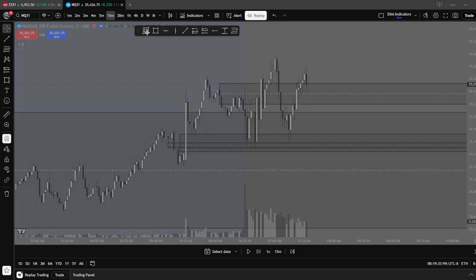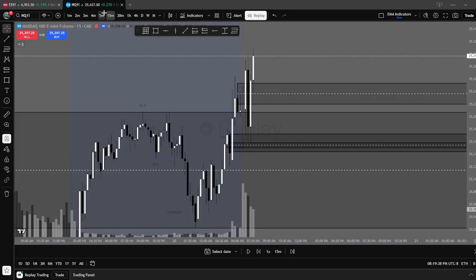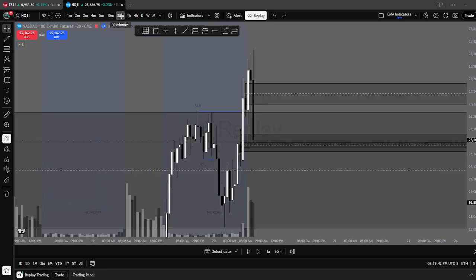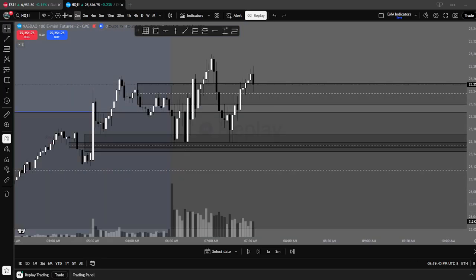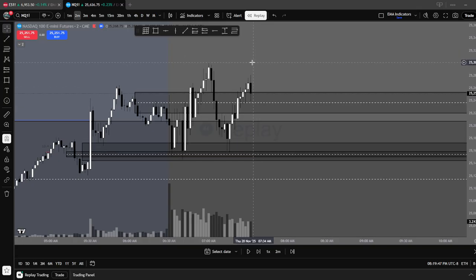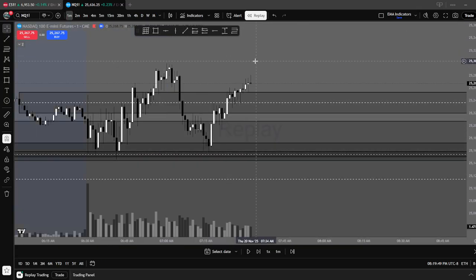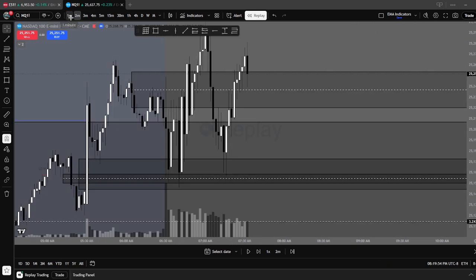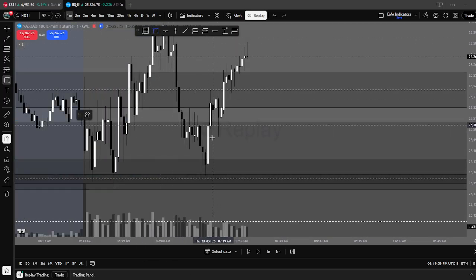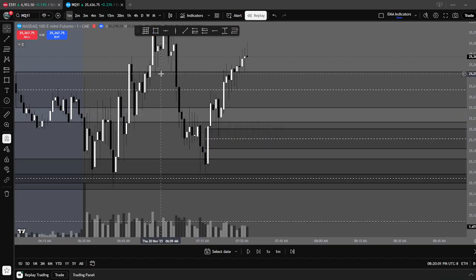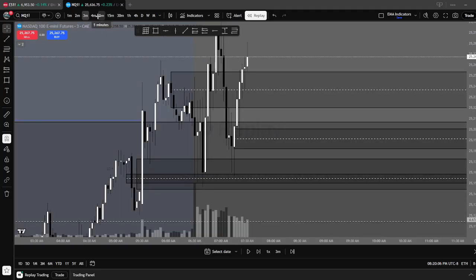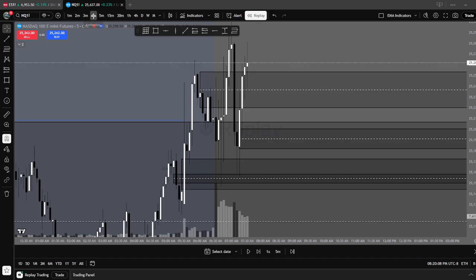So does it move into a 15? No, it remains as a 5 minute. Down here, 4 minute, 3 minute, nothing. 5 minute, nothing.